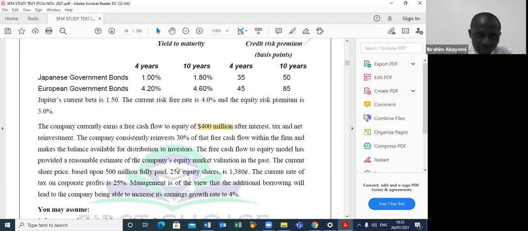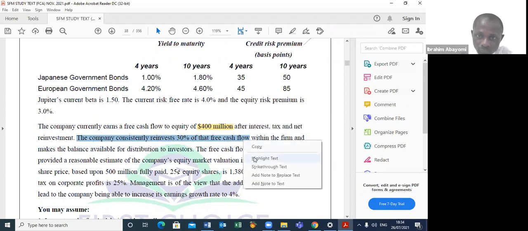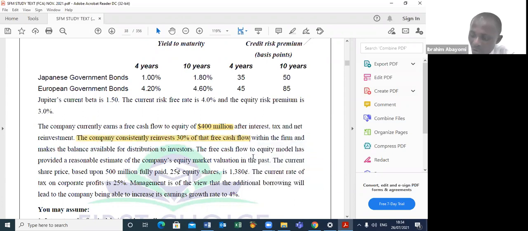Now, the question tells you that the company consistently reinvests 30% of the free cash flow. And we know that our Gordon is what? G is equal to RB, where R is return on equity and B is the proportion of earnings retained. In this case, it's not going to be proportion of earnings retained, but proportion of free cash flow retained. We are retaining 30%. And what is our R?